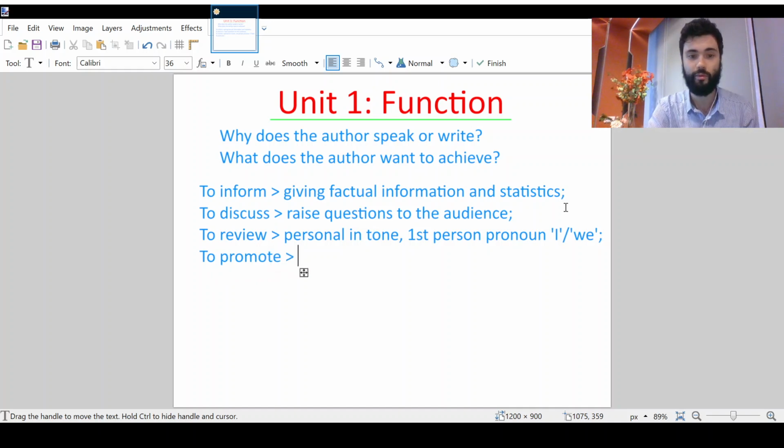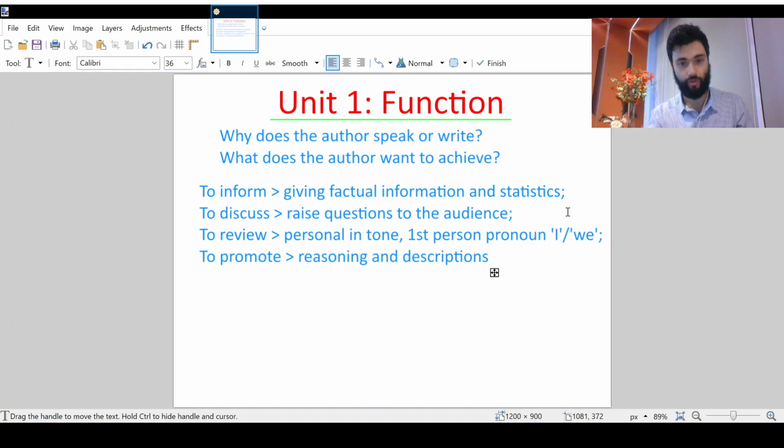So in order to promote, which is to influence their audience, the author can use, say, reasoning and descriptions. And reasoning and descriptions can be given, say, via nouns of some semantic field. We're gonna cover these terms later.